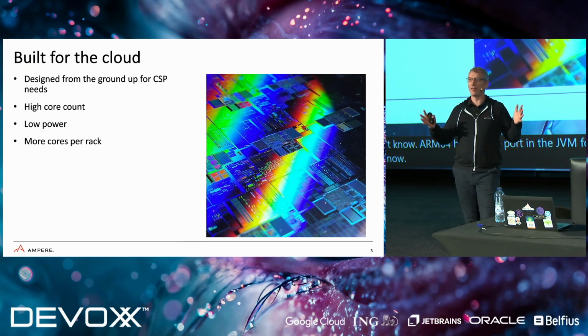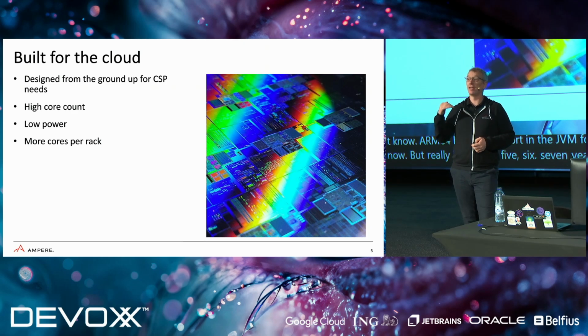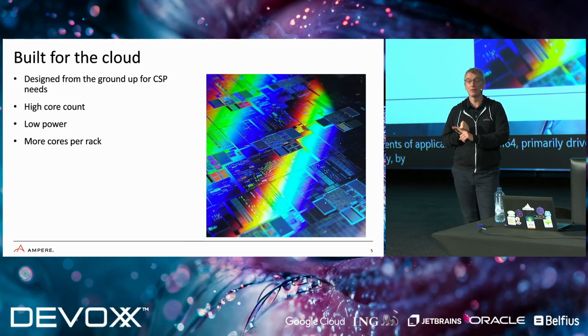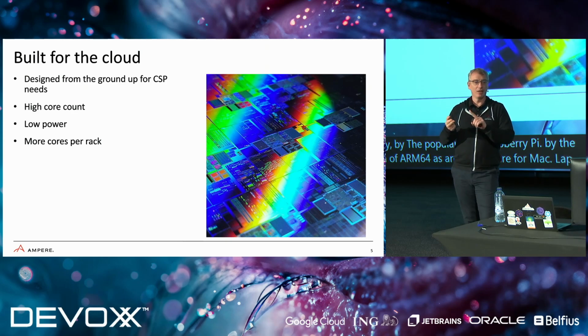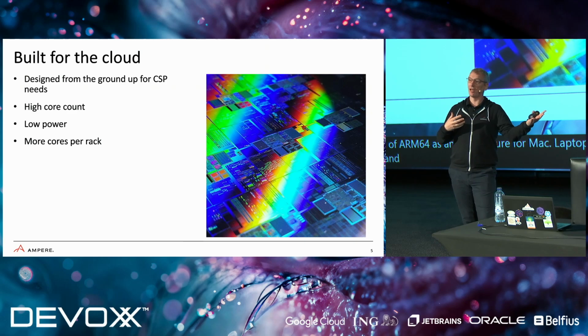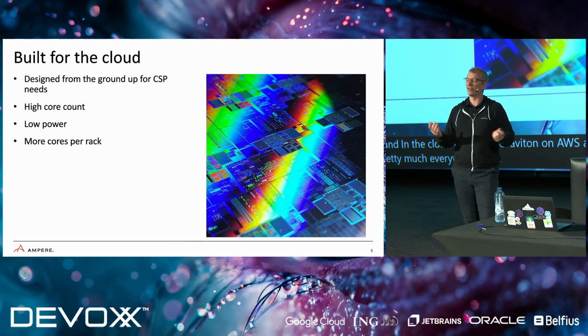But really in the last 5, 6, 7 years, we've seen a dramatic increase in interest in and deployments of applications on Arm64, primarily driven, I would say, by the popularity of Raspberry Pi, by the adoption of Arm64 as an architecture for Mac laptops, M1, M2, and in the cloud, we've got Graviton on AWS and Ampere pretty much everywhere else, have made Arm64 instances widely available.